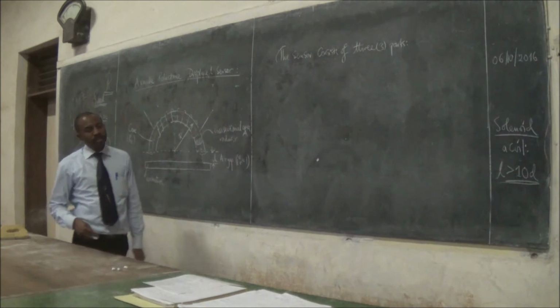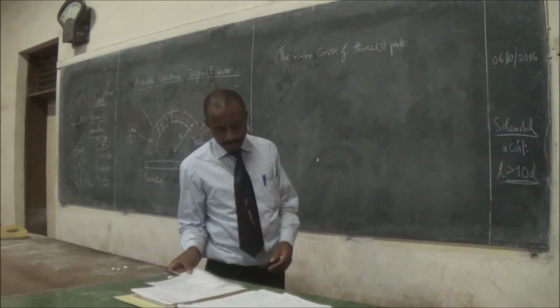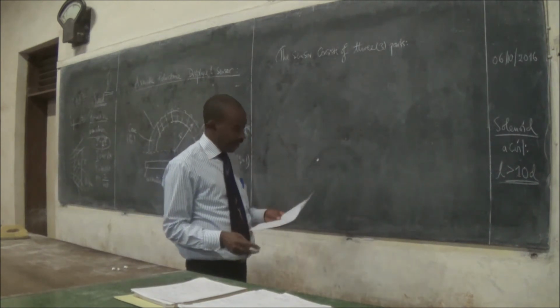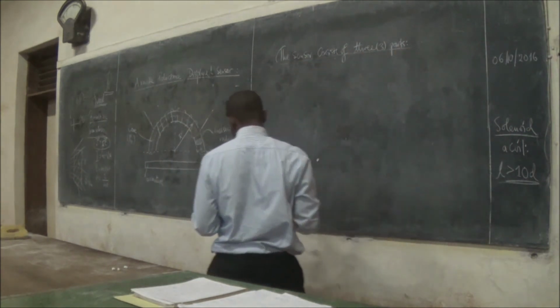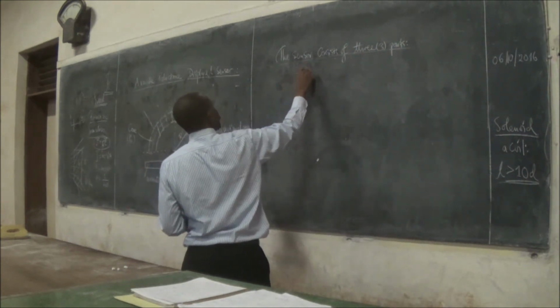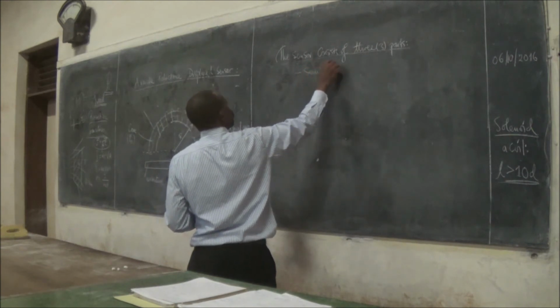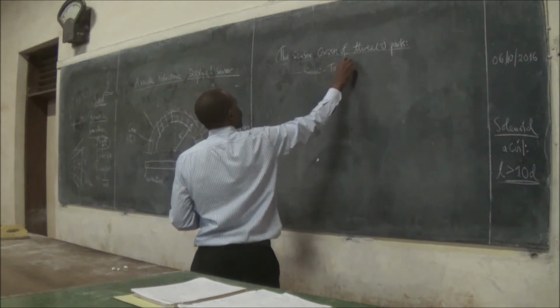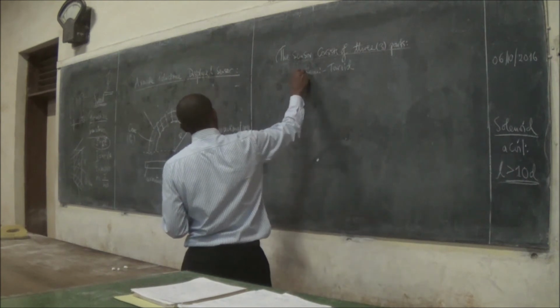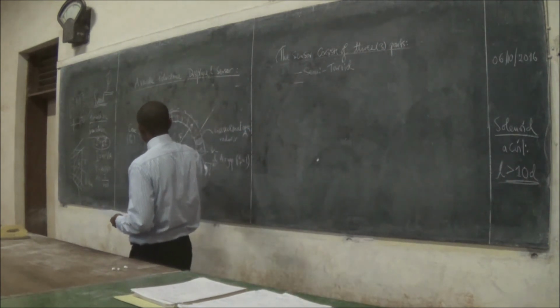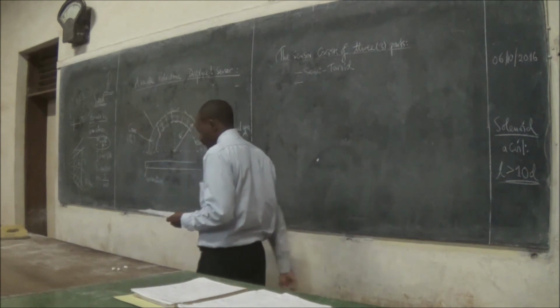It has a semi-toroidal part, the semi-toroid. 2, this gap here can be changed by moving the armature.